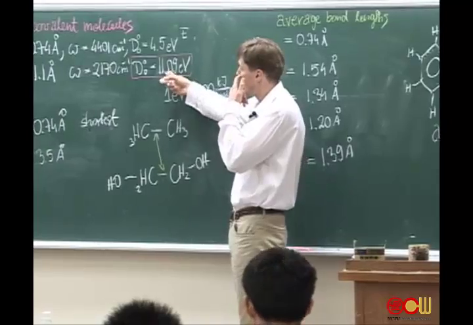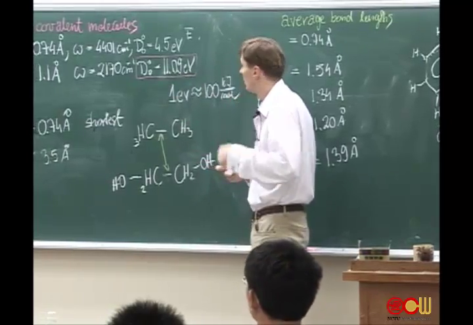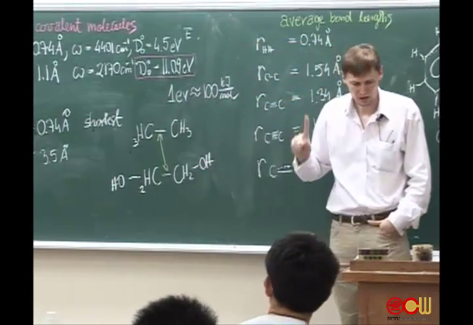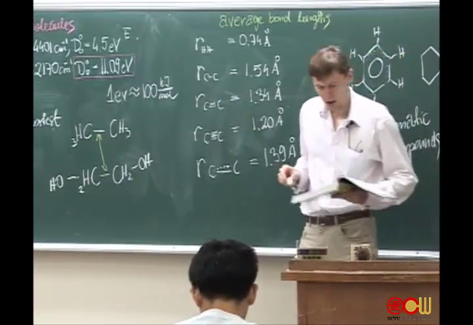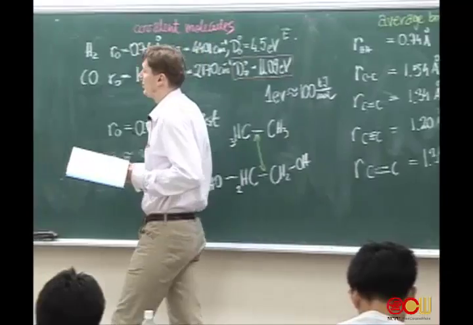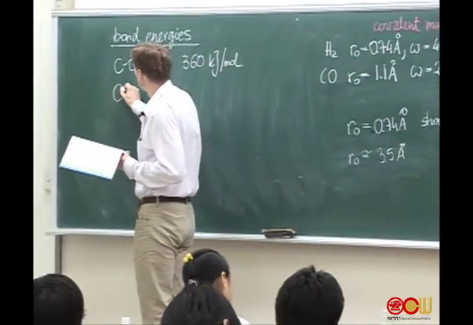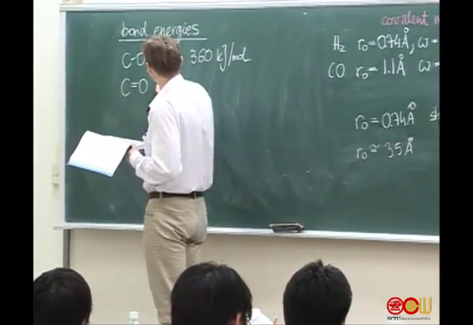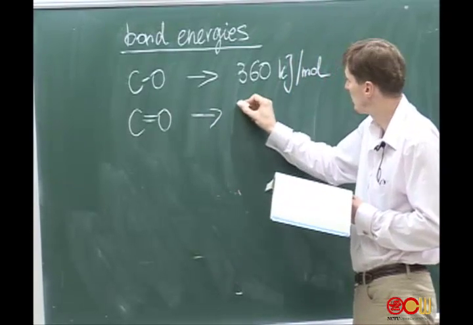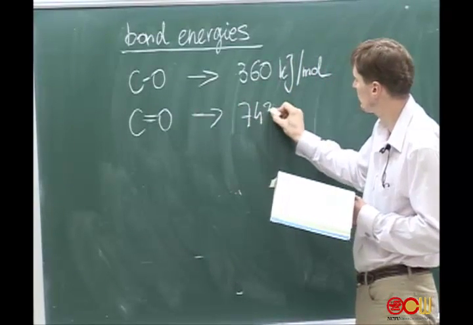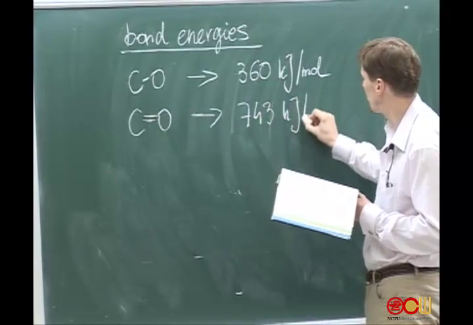So this one is around 1,100 kilojoule per mole, around, not exactly. Okay, go further. C double bond O gives us what? 743 kilojoule per mole.